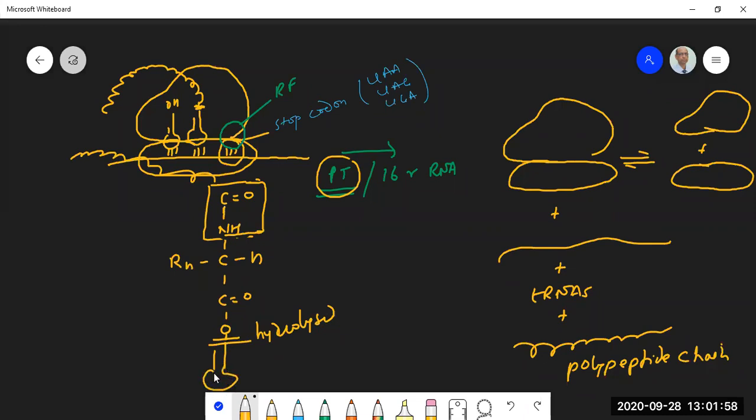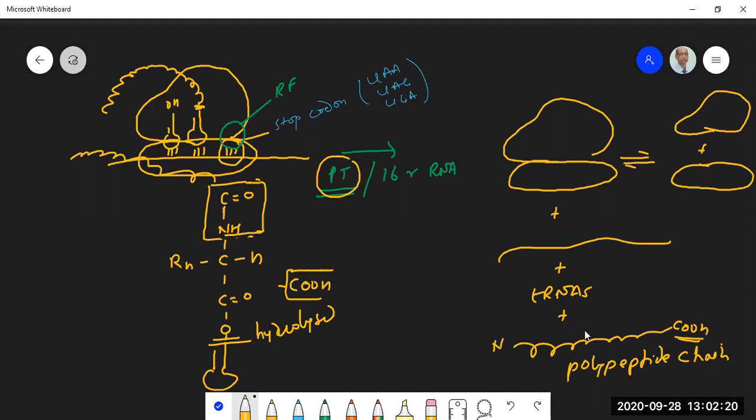This is the tRNA, right? So once it is broken, this will become C double bond COH. So this will be the C terminus of the polypeptide chain. So the polypeptide chain N terminus we started from, and the last amino acid will have the carboxyl group free. So it will become the C terminus of the amino acid. Okay.